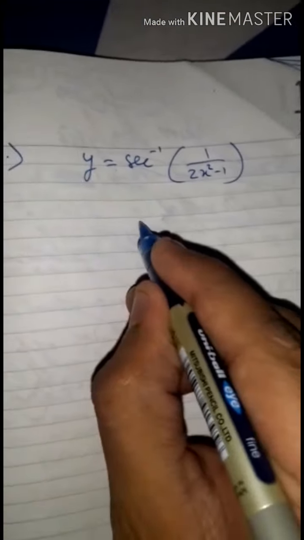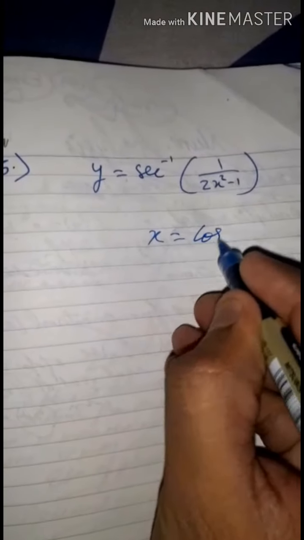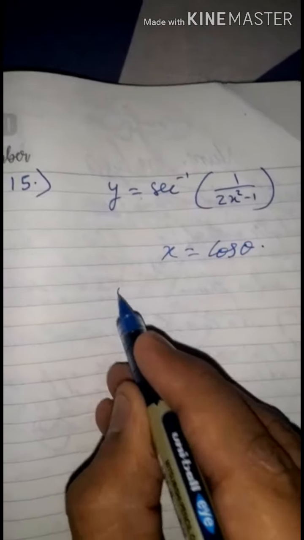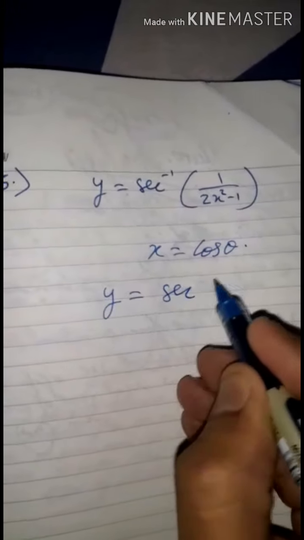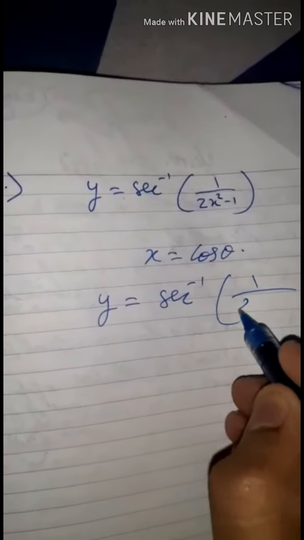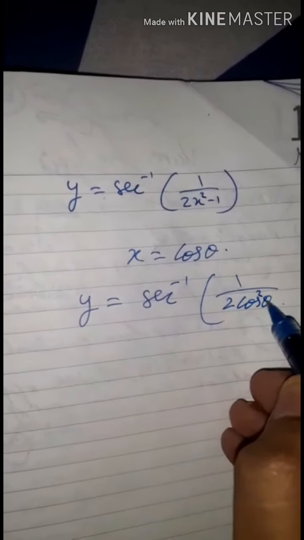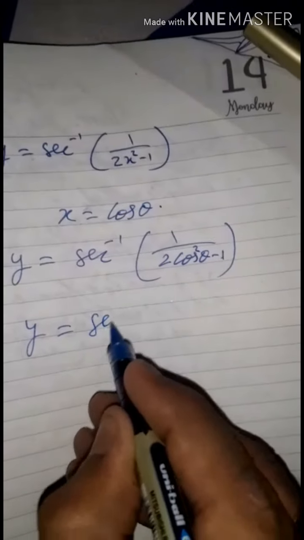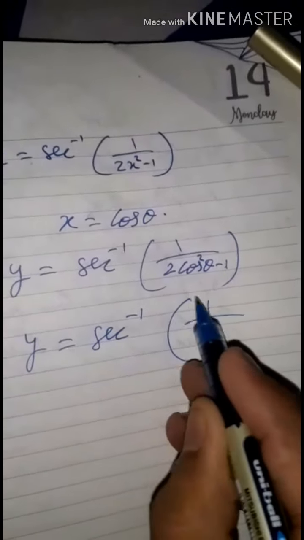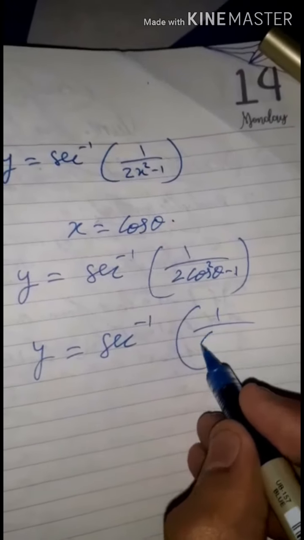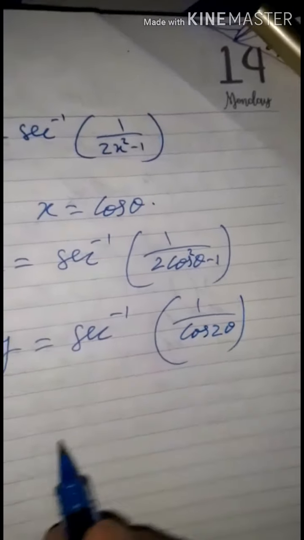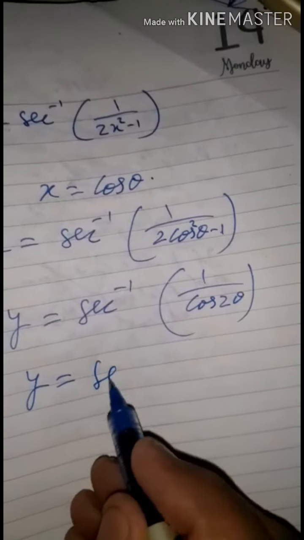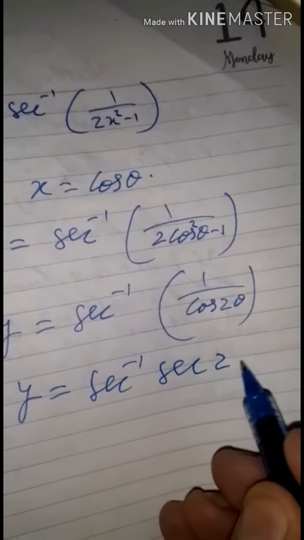Here also we will put x is equal to cos theta. By practice you will come to know what you can put. 1 upon 2 cos square theta minus 1. Why are we putting cos theta? Because we know 2 cos square theta minus 1 is equal to cos 2 theta. Now we require secant. Secant inverse secant 2 theta.